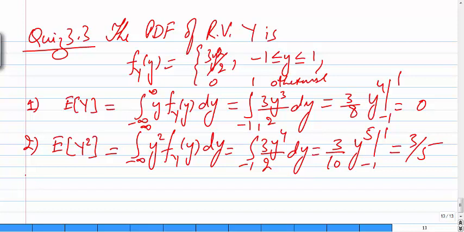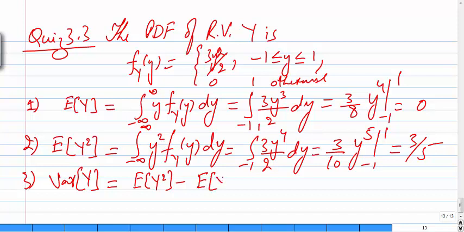Now the third one asks us to calculate the variance of Y. The variance of Y, as we know, is the expected value of Y squared minus the expected value of Y, whole squared. In that case, this is equal to 3 by 5, because the expected value is 0, so its square is 0 and it becomes 3 by 5.